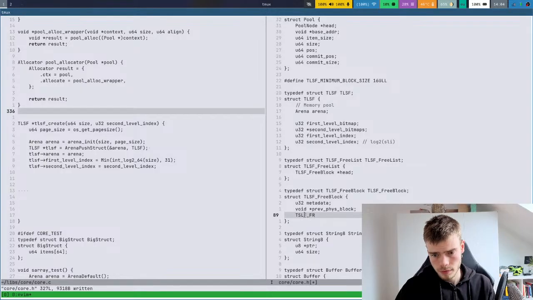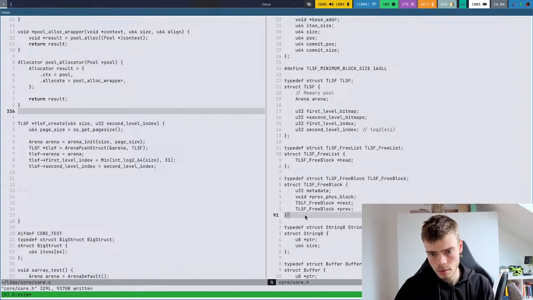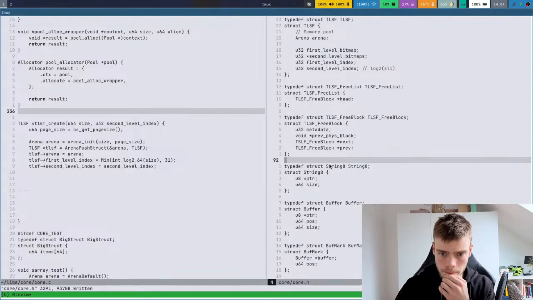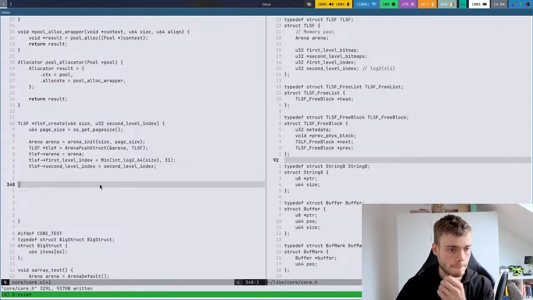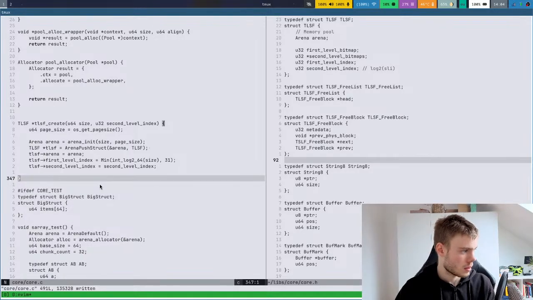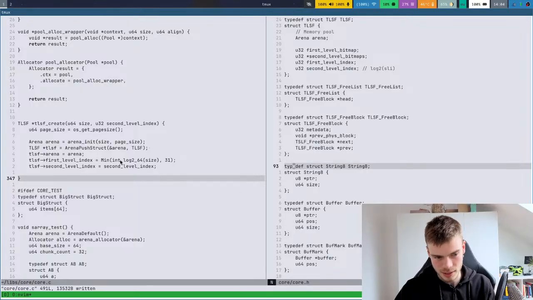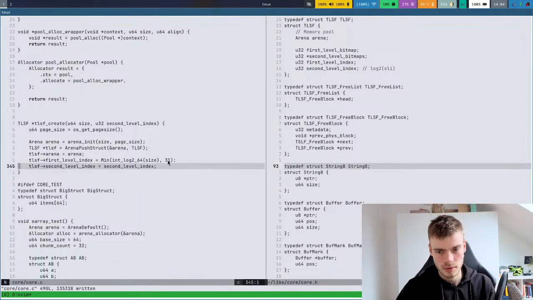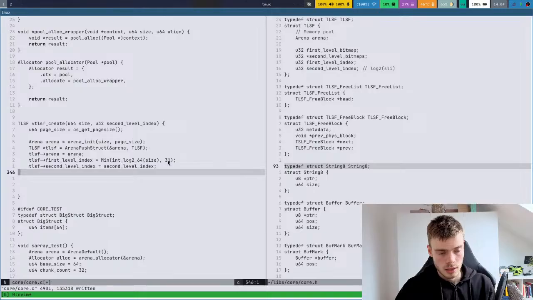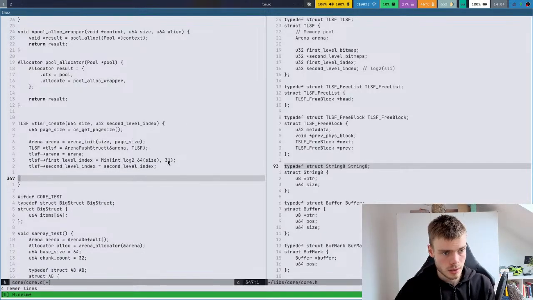And TLSF free block next, previous. Let's go, the manager user. Yes, true. Good.